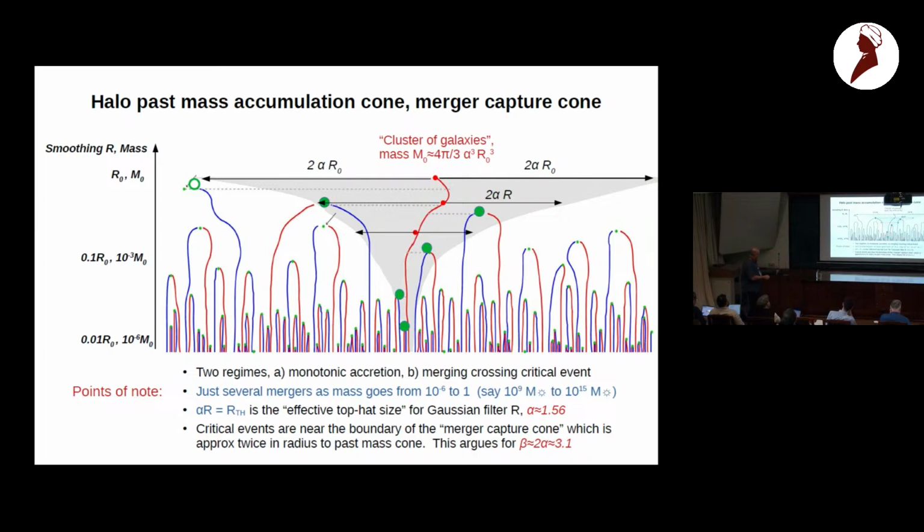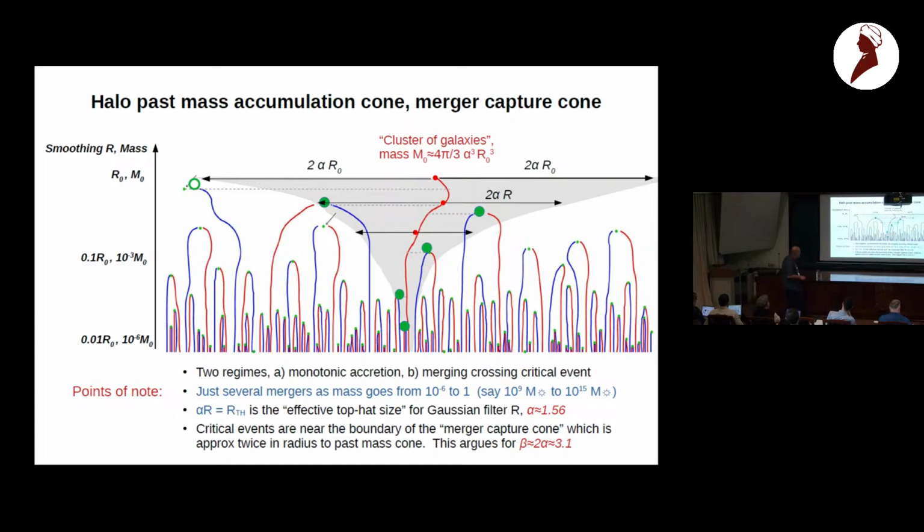So you notice that all those merger events lie within some cone, and it is a past cone. It is essentially a cone from which the surviving peak accumulates its mass. It's a spherical image in the initial conditions, and as its mass grows, it grows and grows. If you think a little bit more carefully, it may not be exactly the mass, it may be a little bit larger cone.